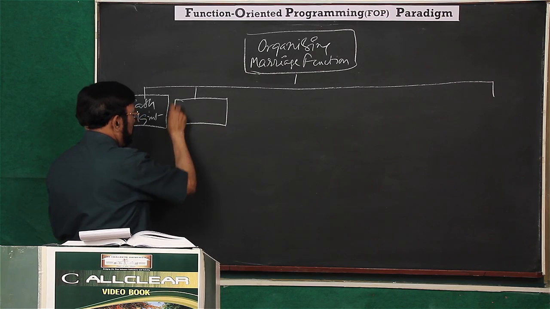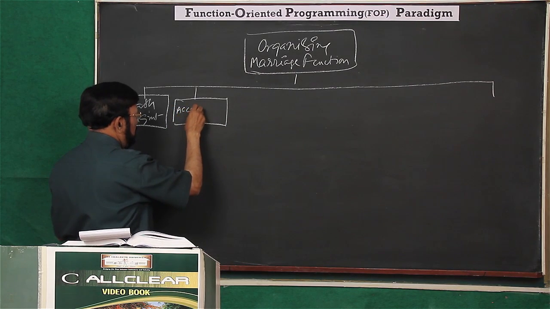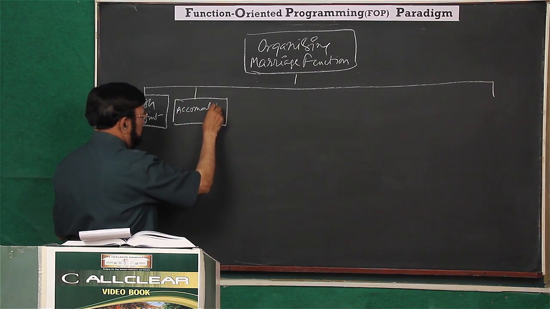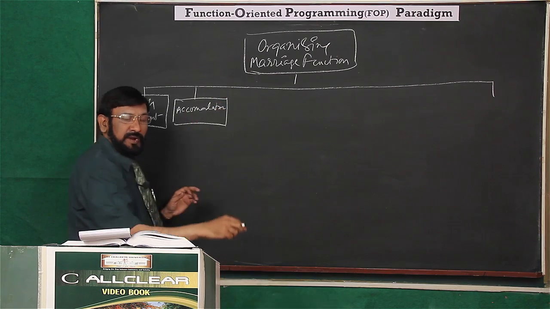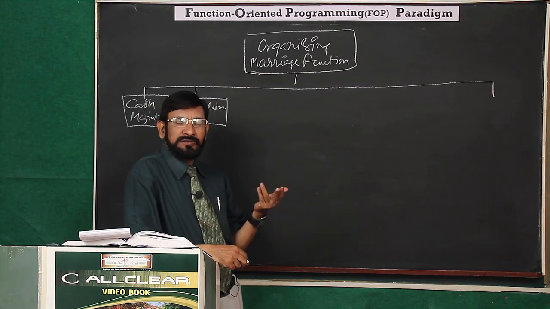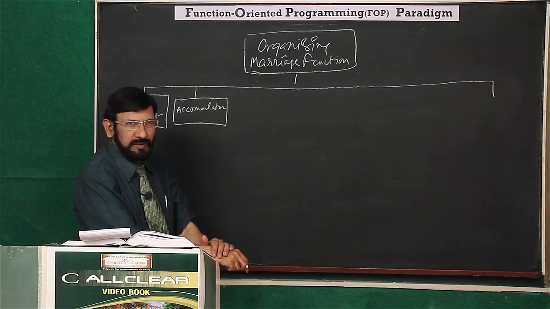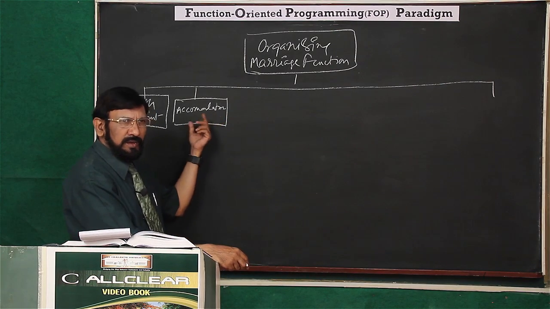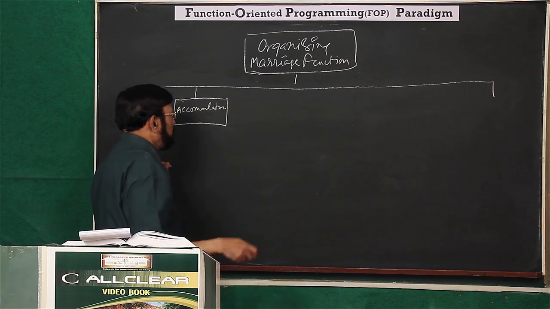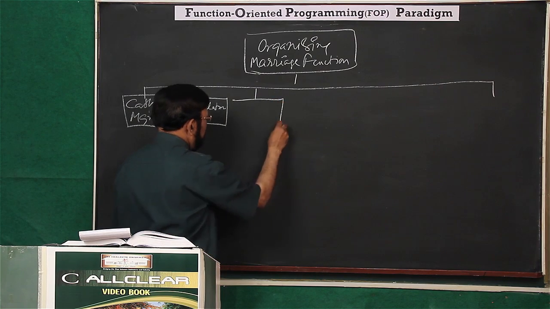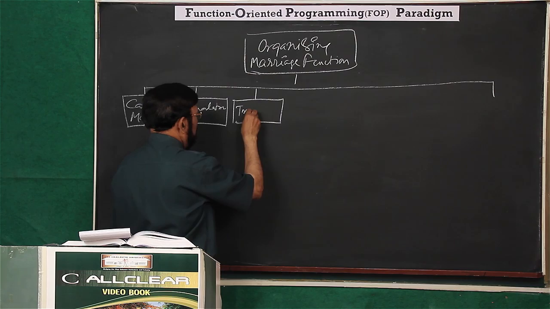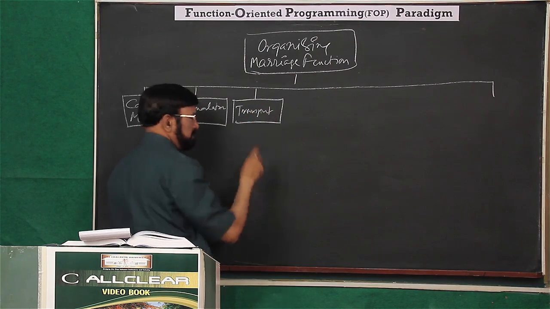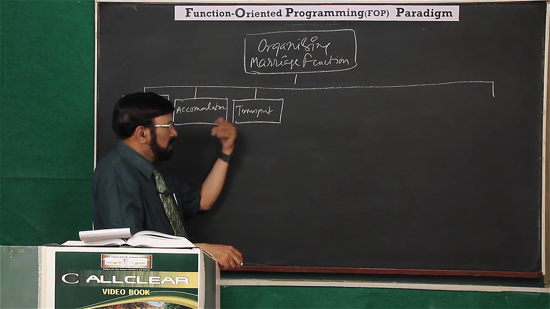Second one, accommodation. As far as accommodation is concerned, you have to book marriage halls well in advance, and for guests you have to properly organize guest rooms. Next, transport. You have to organize outstation transport and local transport.